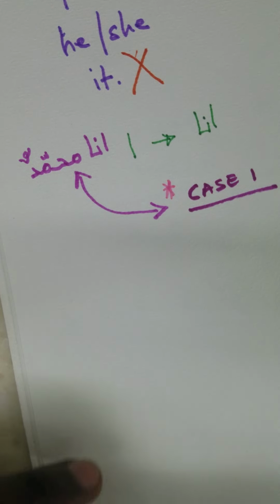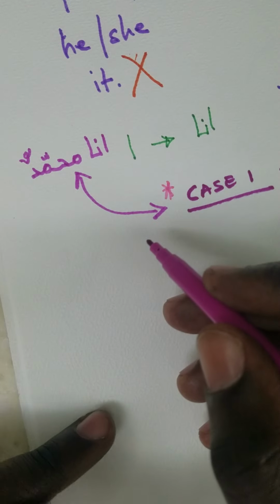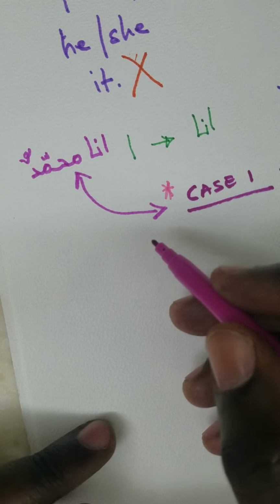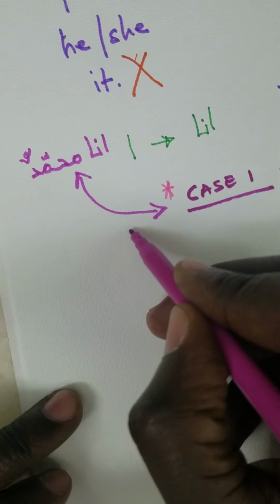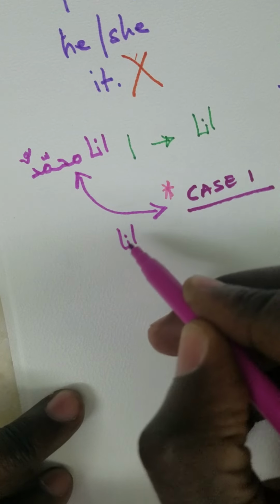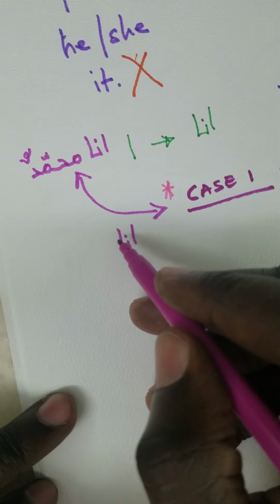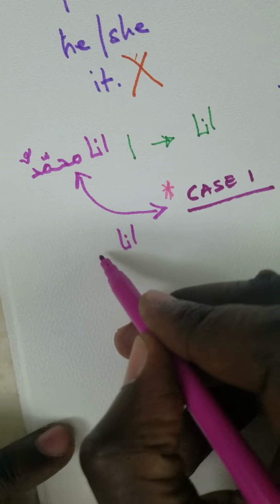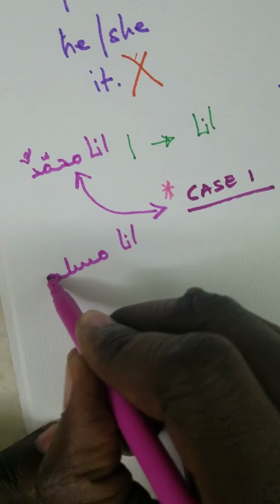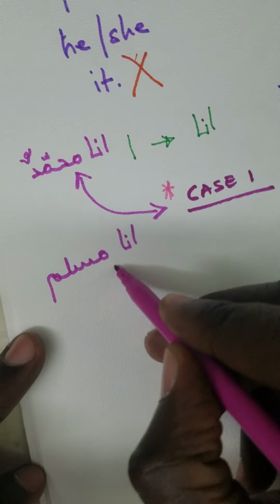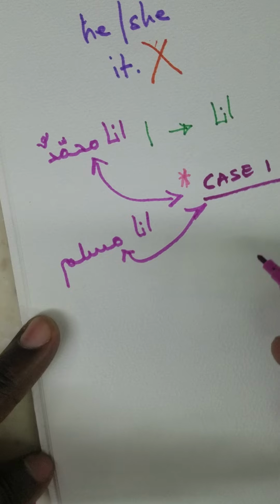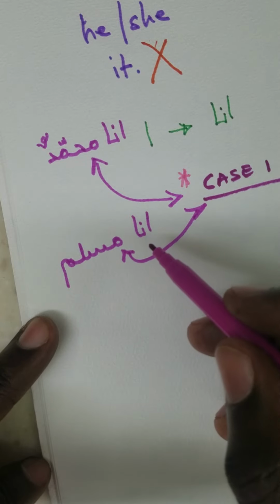Like if I want to say I am a Muslim, I'll put ana Muslim. The word is Muslim, but because we want to put it into case 1, this isim Muslim will be ana Muslimun.